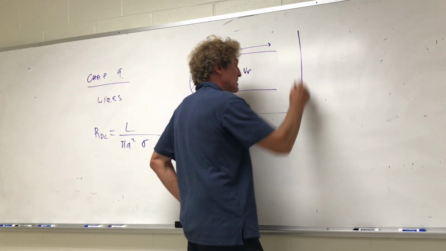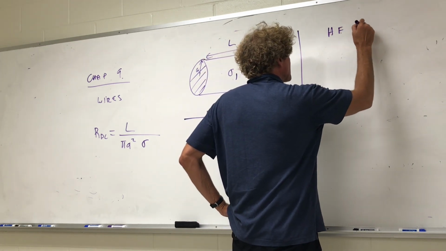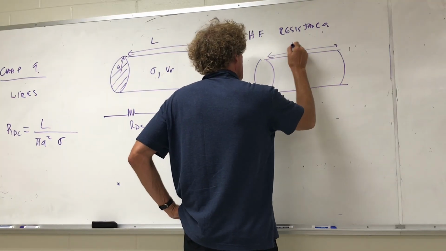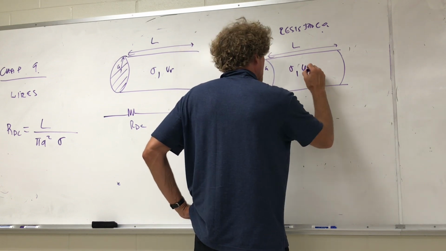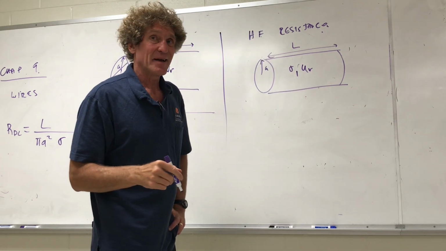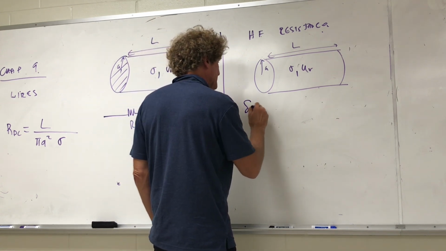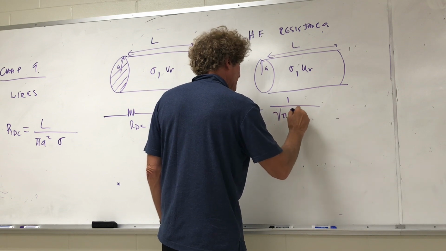Next, we take a look at what I call AC resistance or high frequency resistance. So for the same wire of a given length L with a radius A, conductivity sigma, mu relative here. Now the key parameter is skin depth. And the skin depth is defined as 1 over the square root of pi f mu sigma.